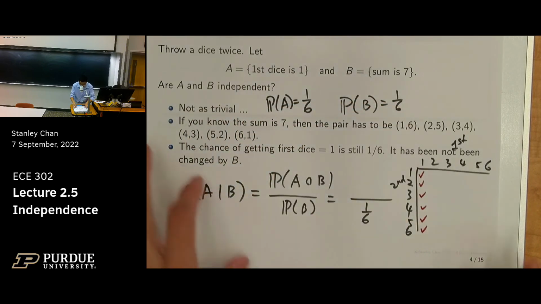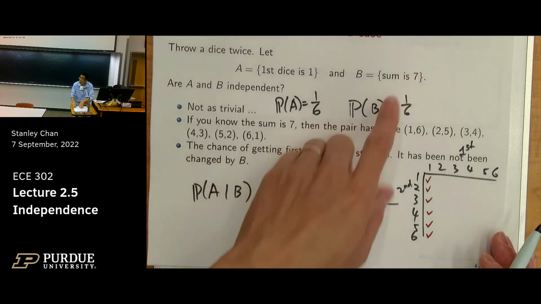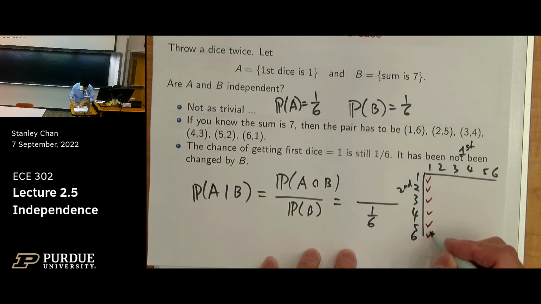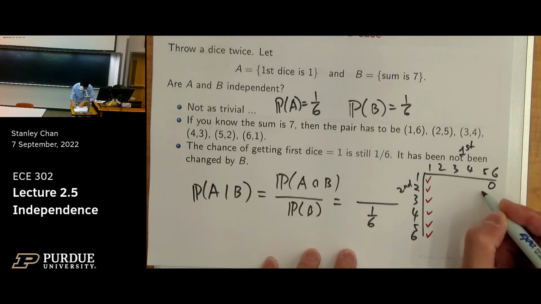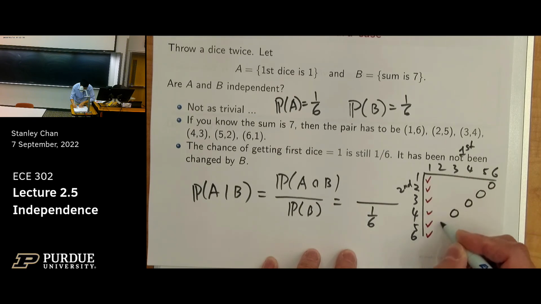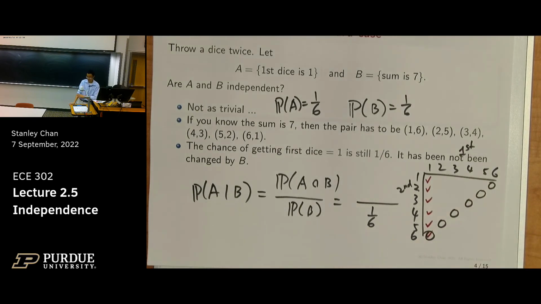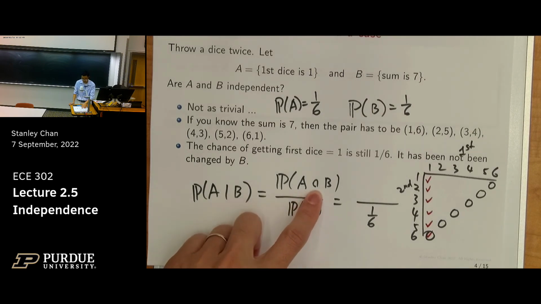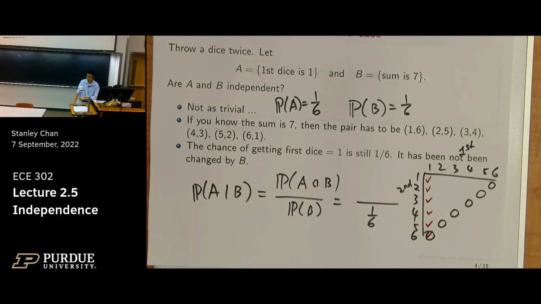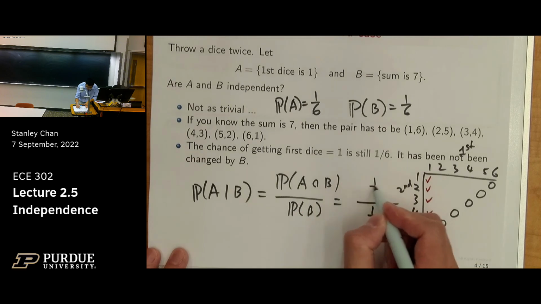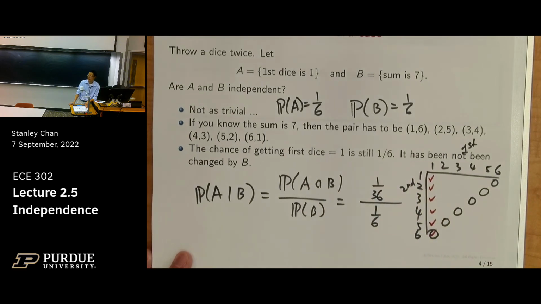Event B is that the sum equals 7. The sum equals 7 will be here, here, here, here, here, and here. Okay? So the probability of A intersect B is 1/36. So you have this number, 1/6.